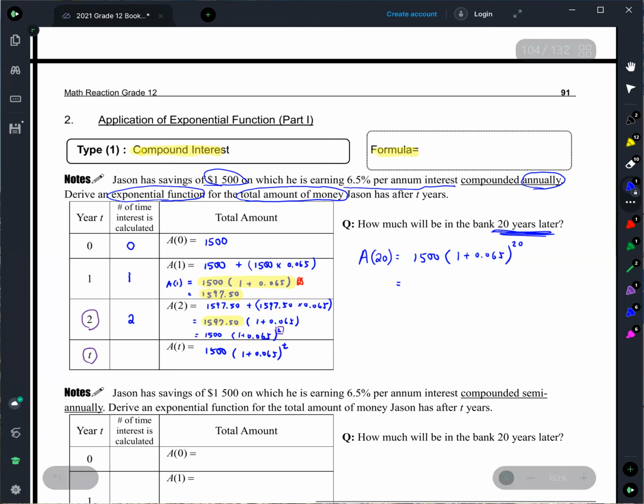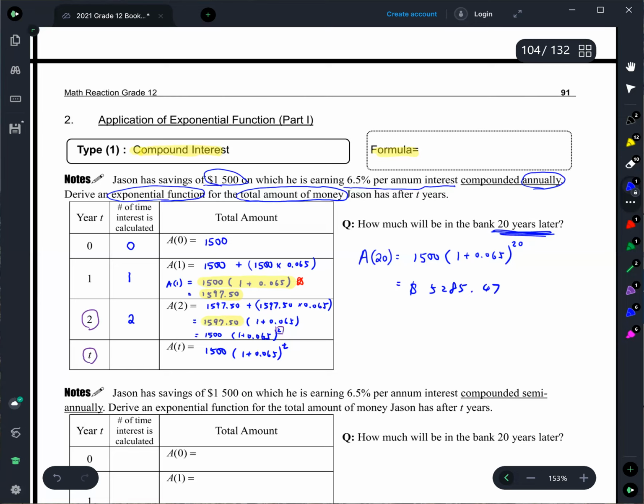Okay, raise your hand if you have the numbers. Okay, Daniel, what's the answer? 5,285 and 47 cents.